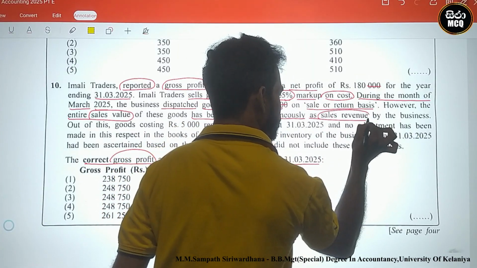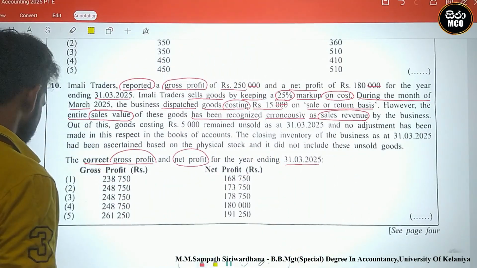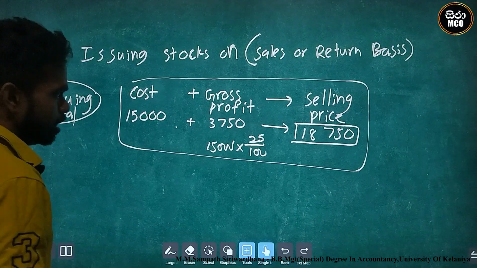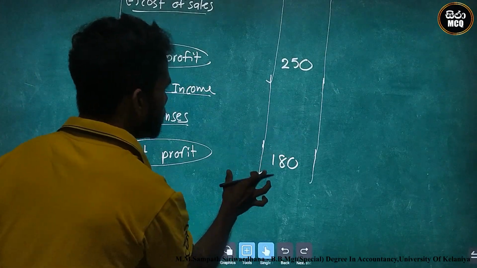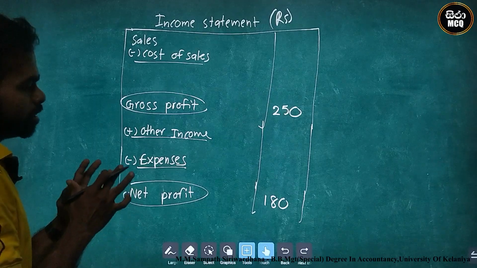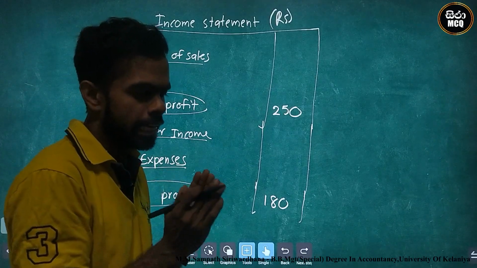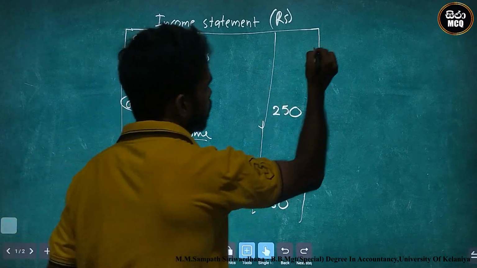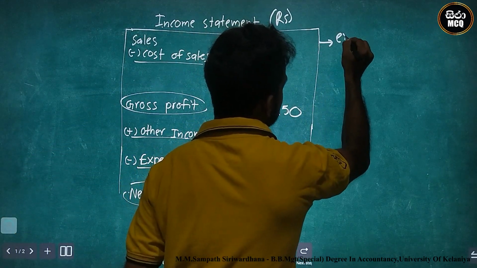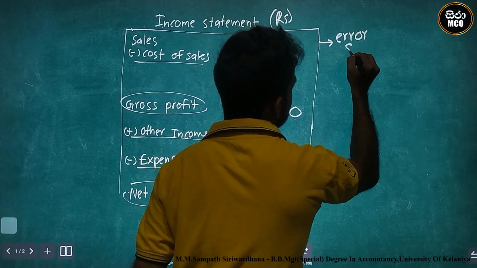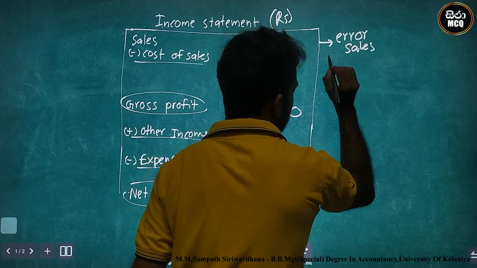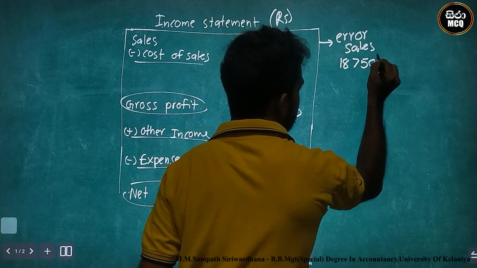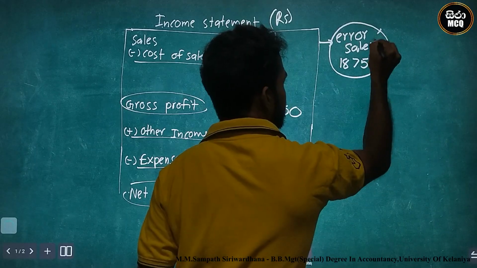They already calculated net profit and gross profit, and in that calculation they erroneously identified sales of this amount. This is the error sales. The amount is 18,750.